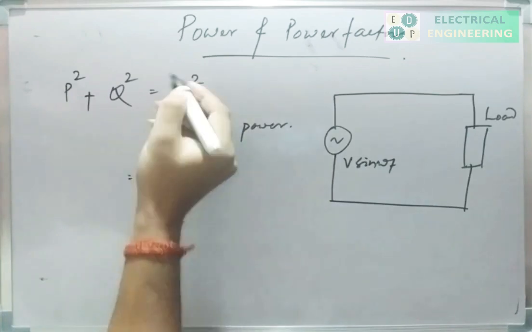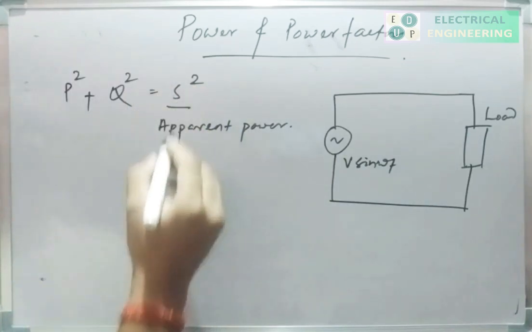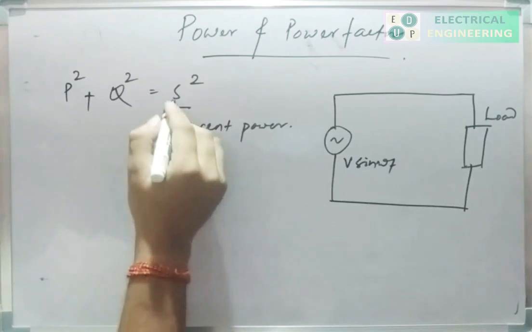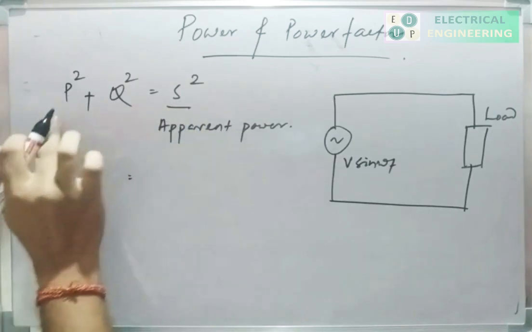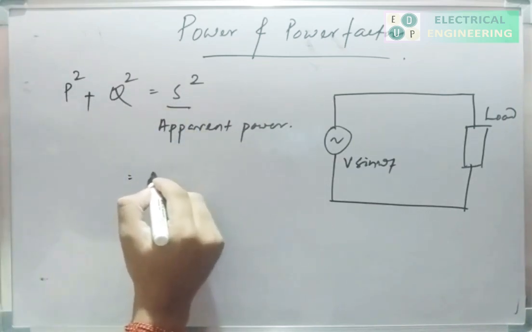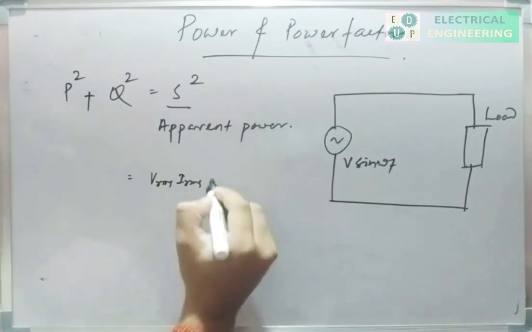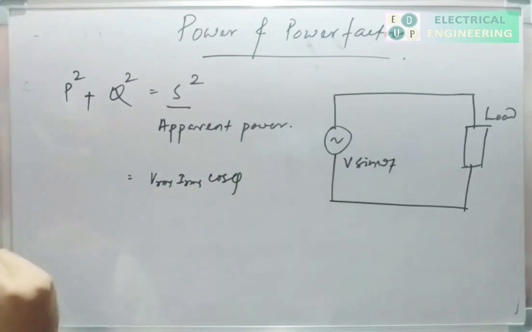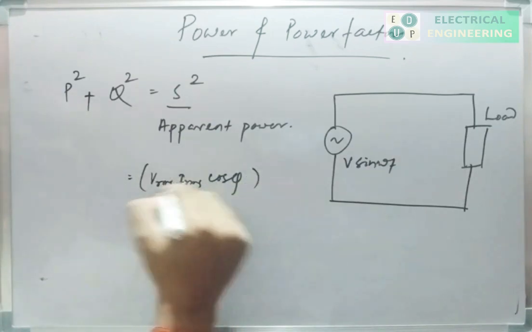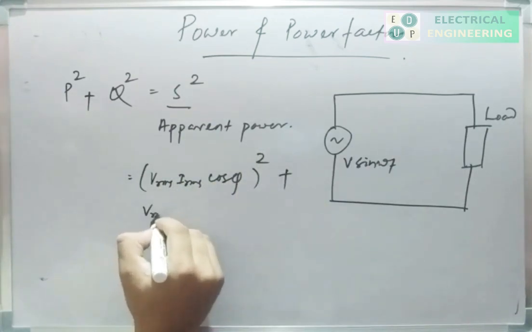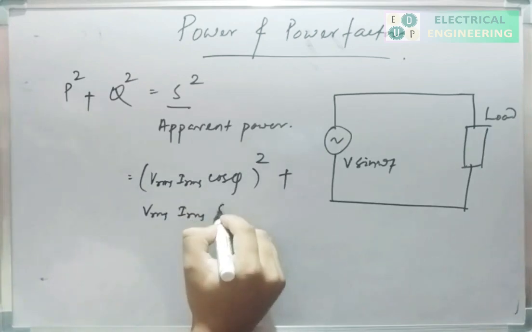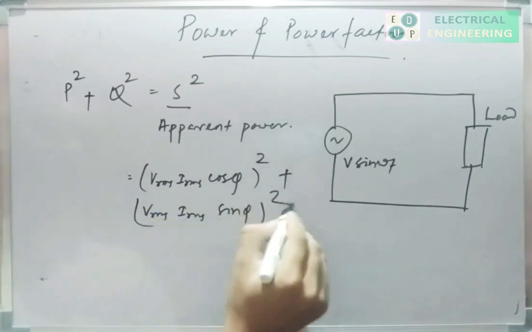If you find the expression for this, it can be like this: P is VRMS IRMS cos phi, whole square, plus VRMS IRMS sin phi, whole square.